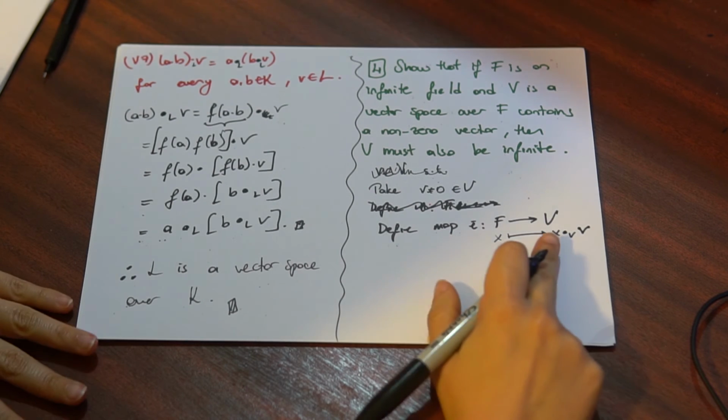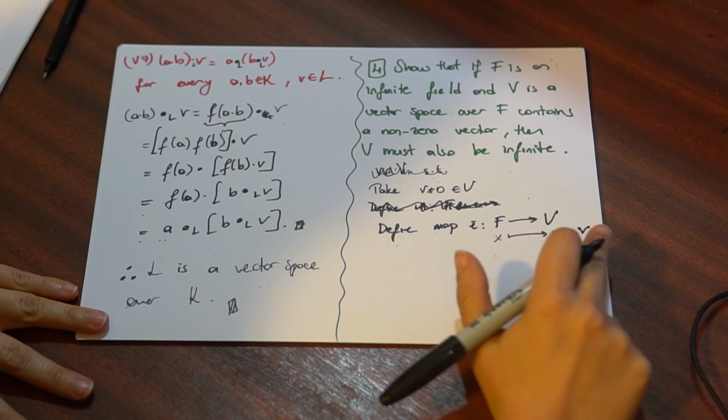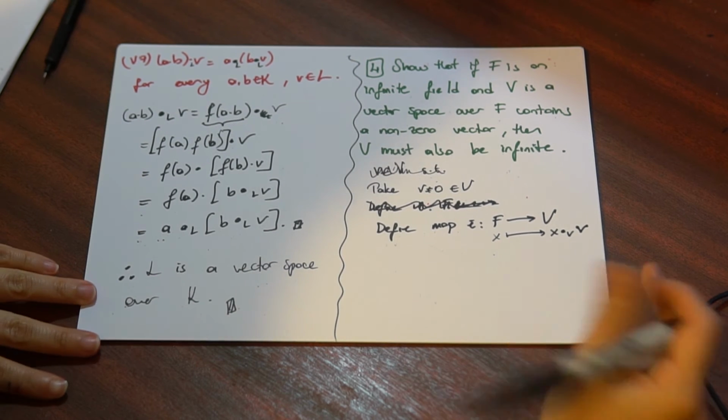So we will send every x inside of F to x times v.